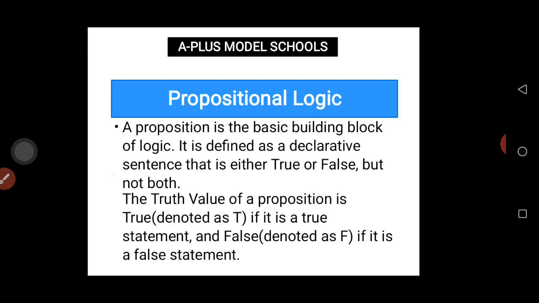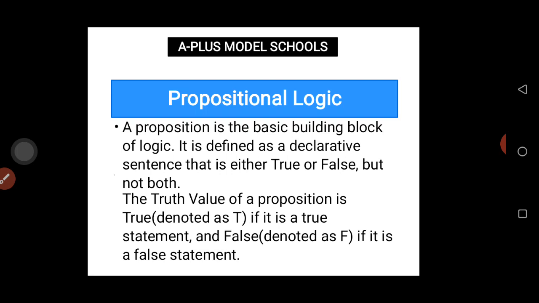Now let's go to propositional logic. A proposition is the basic building block of logic. It is defined as a declarative sentence that is either true or false, but not both.